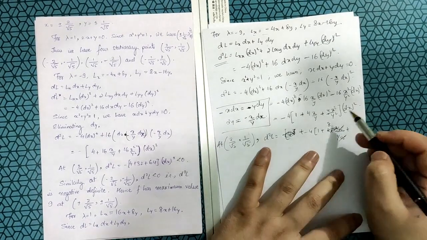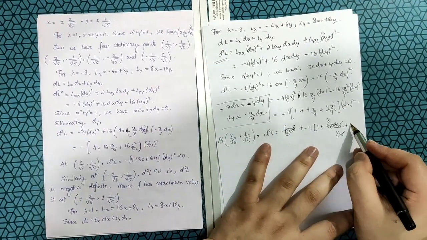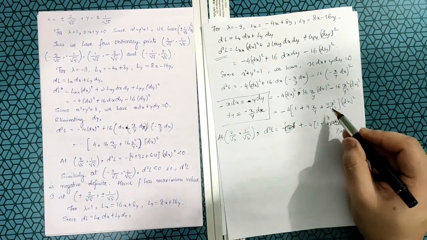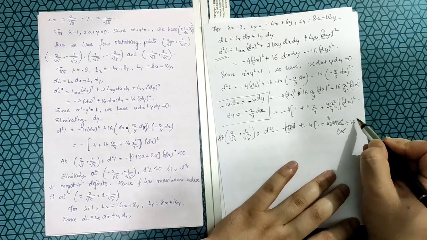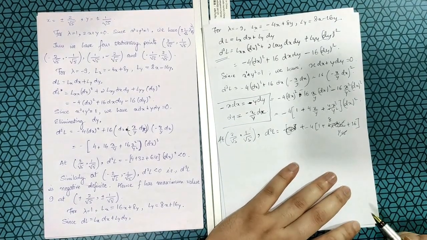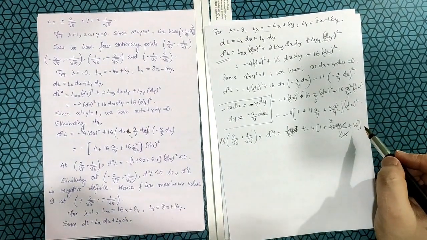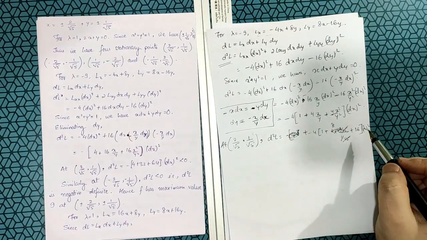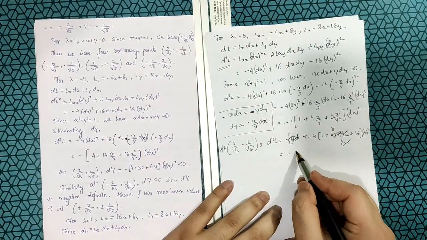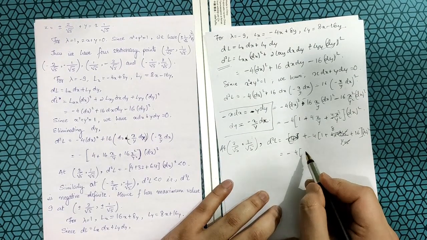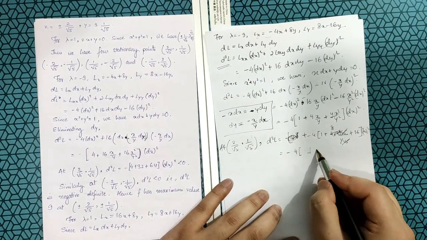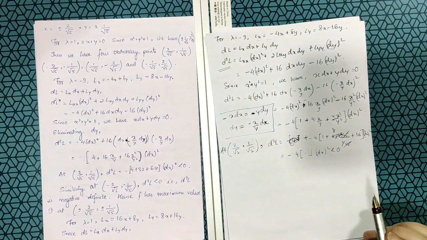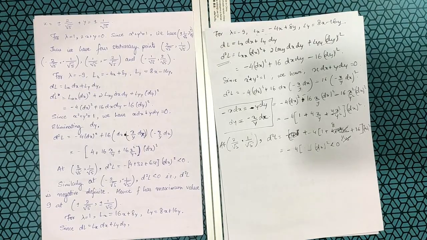We can write 8 directly, and here what we'll get is 4 into 4, 16, and the others will cancel, and we'll have dx square. So here we get negative of 4 into some positive quantity, and dx square will obviously be positive, so this is less than 0.